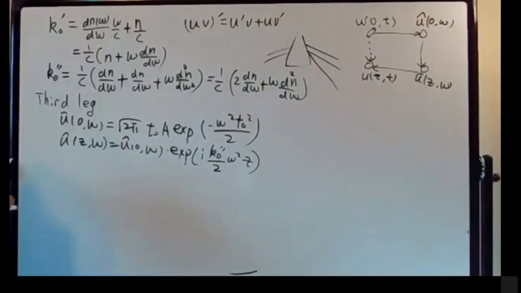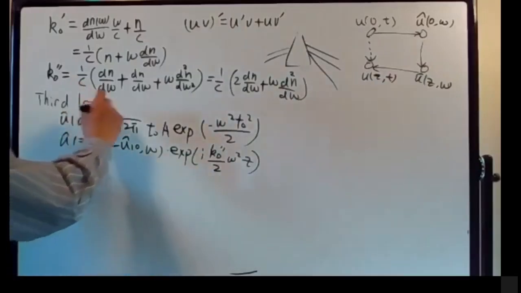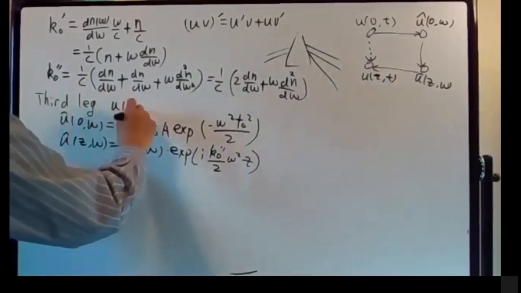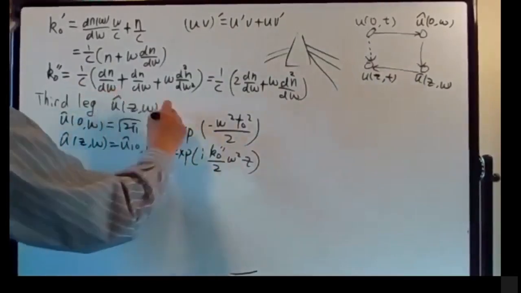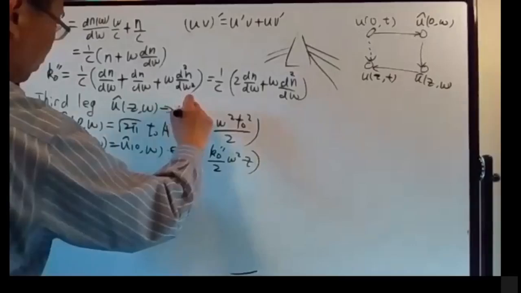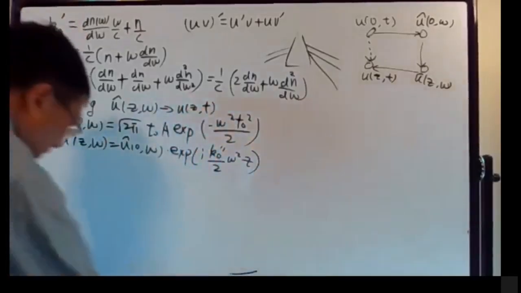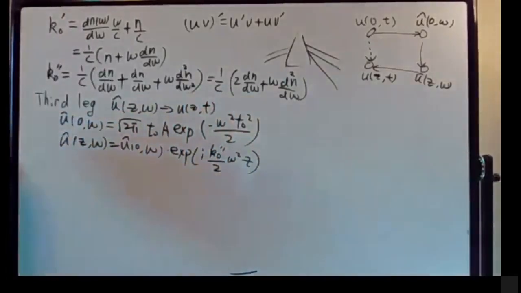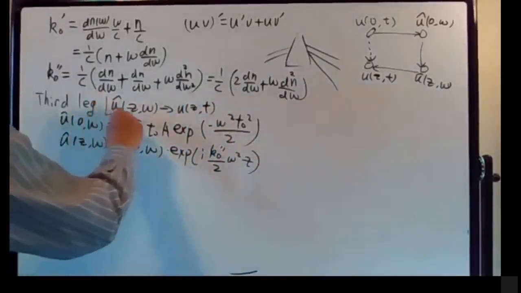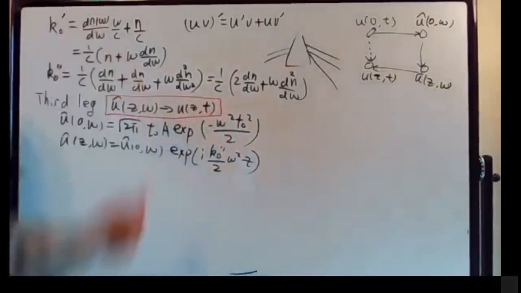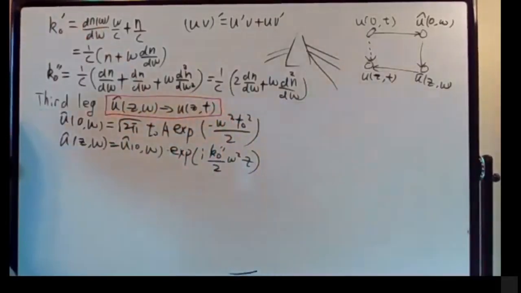So the third leg is we want to get u z omega hat. What will happen to u z t in the time domain? This is what we want to get in the time domain. This is the final task.